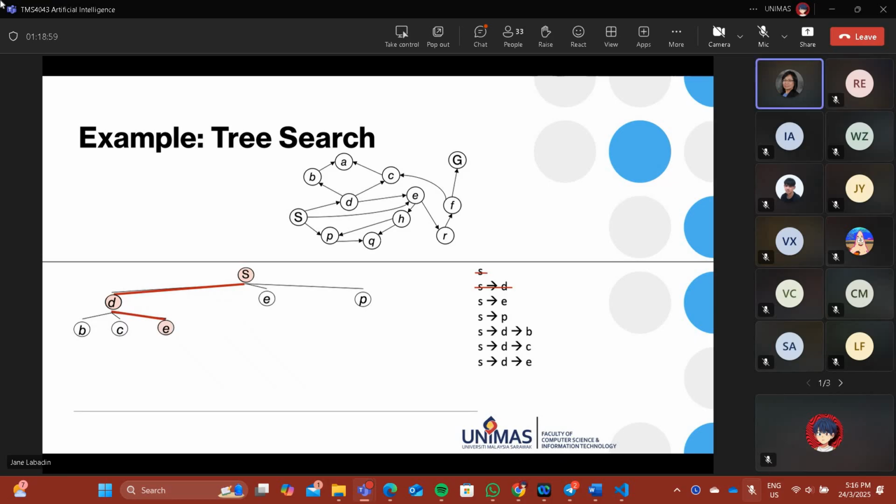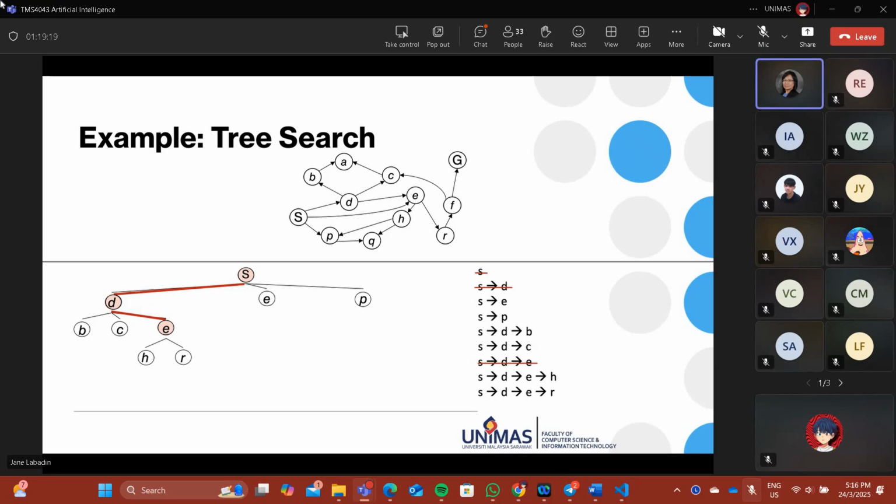If you choose SDE, you expand E, so I cross out SDE because I chose that. Then I expand it.